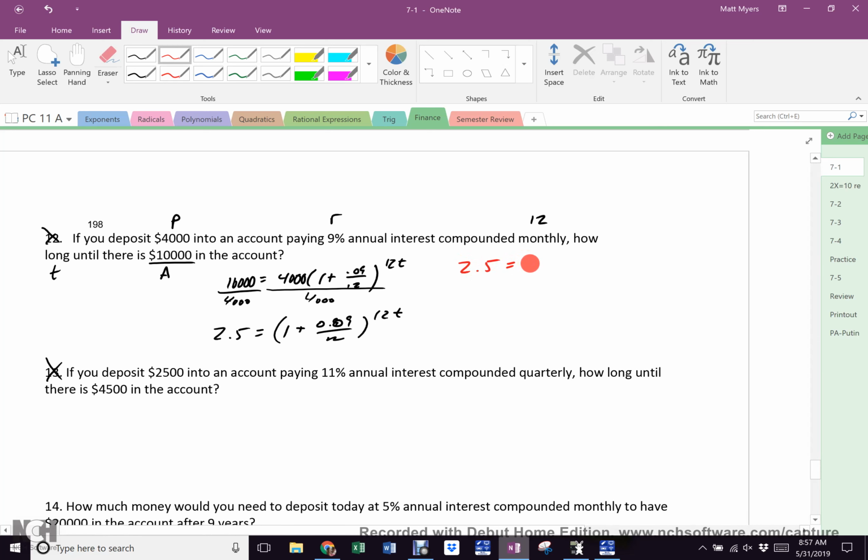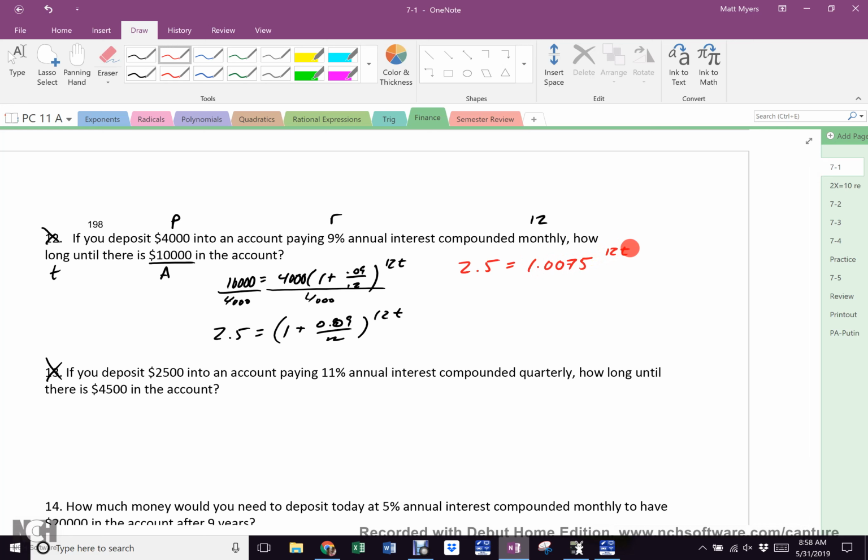What number is going here? 1.0075, all to the 12t, yes?